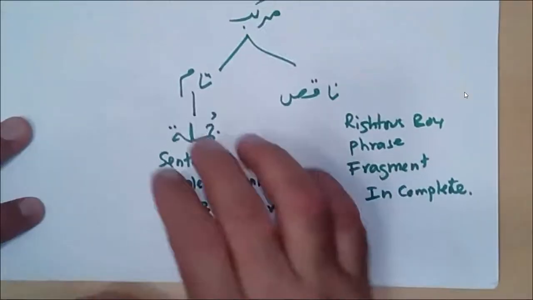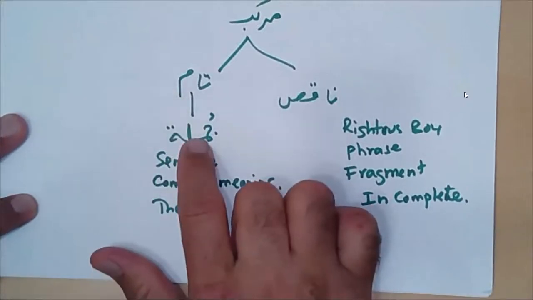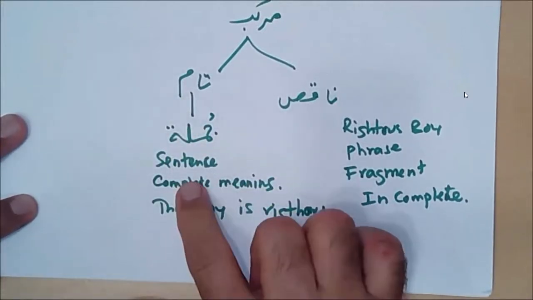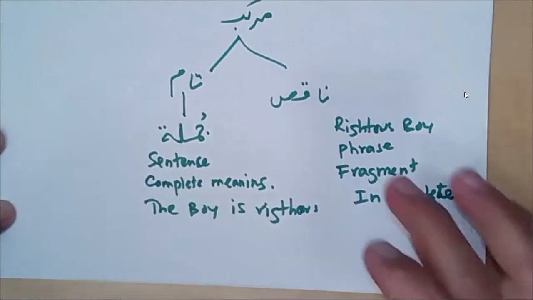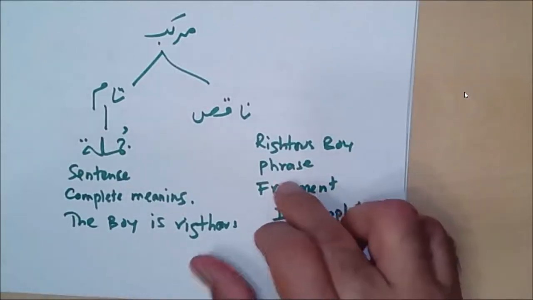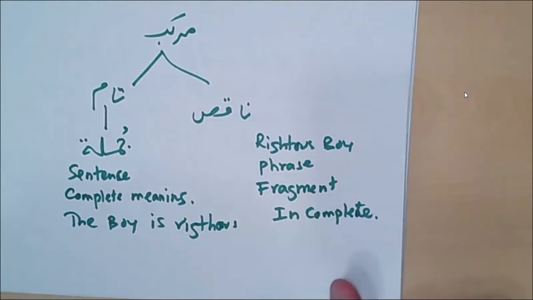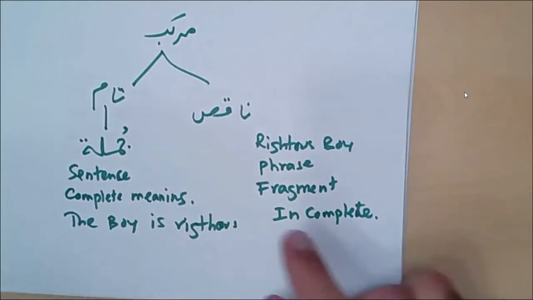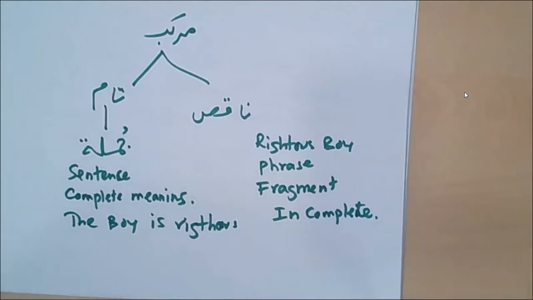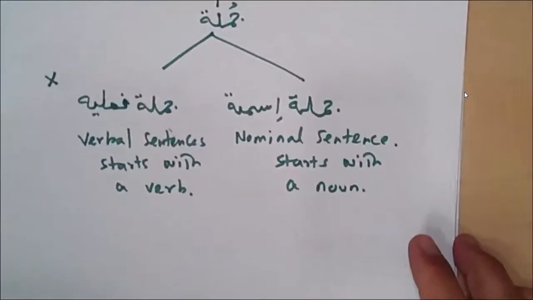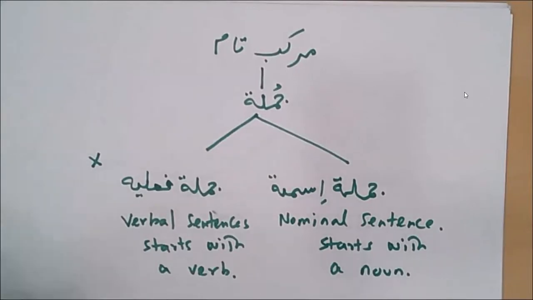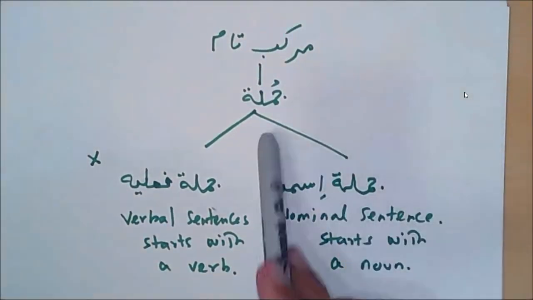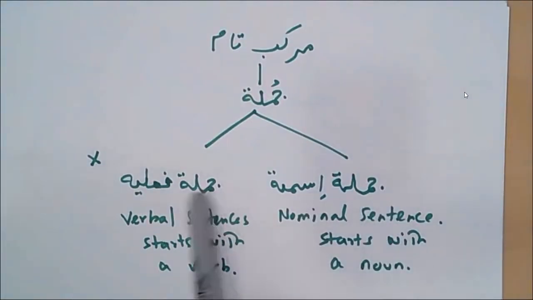The definition of murakkab tam is also known as jumla, and it is a complete sentence. It tells me the complete meaning when I write that sentence.